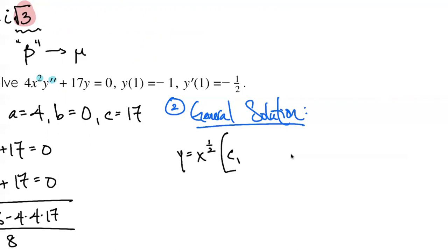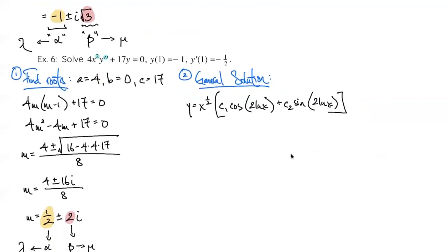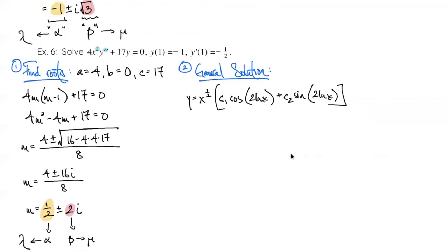And we're going to have C1 cosine of 2 natural log x plus C2 sine of 2 natural log x. And that would be our general solution, right? But since we're given initial values, we can go ahead and find values for C sub 1 and C sub 2.